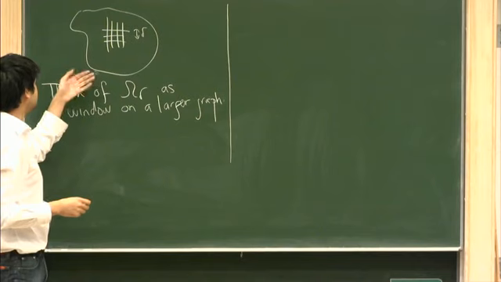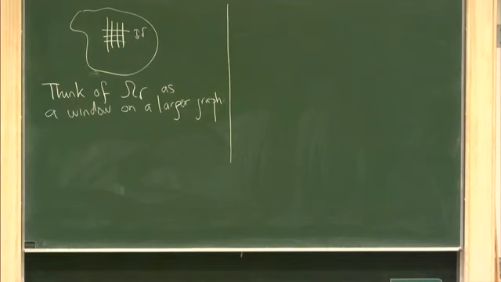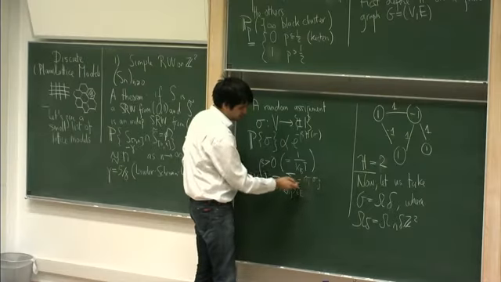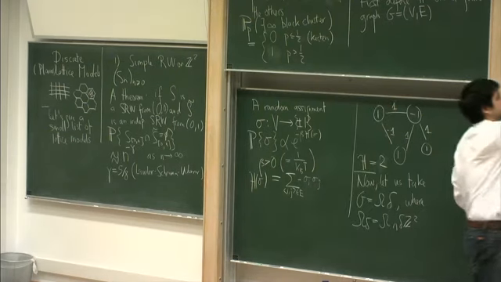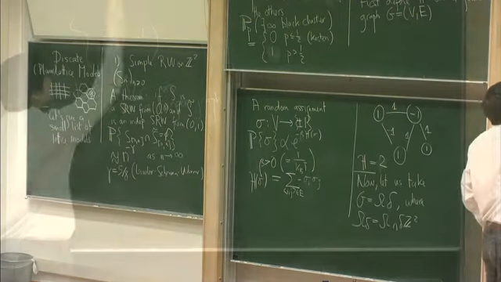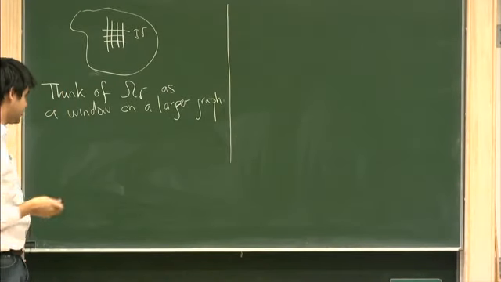This model has nearest neighbor interaction because all the energy terms are made of the edges. So if you want to understand what happens outside, you just need to understand what happens on the boundary.